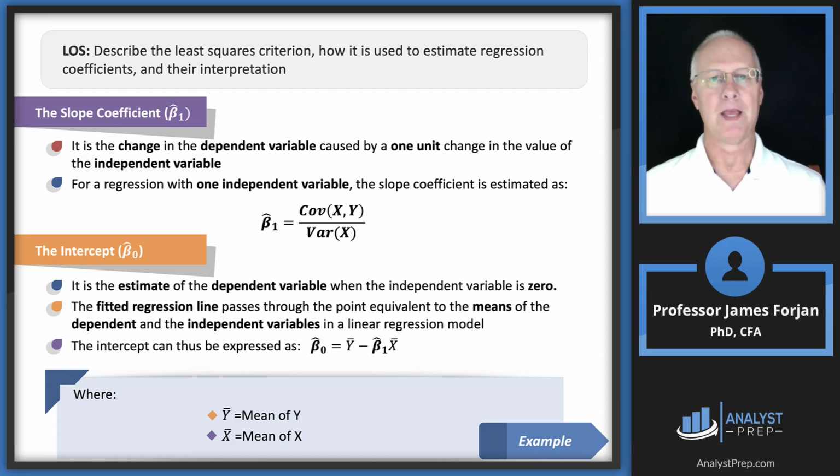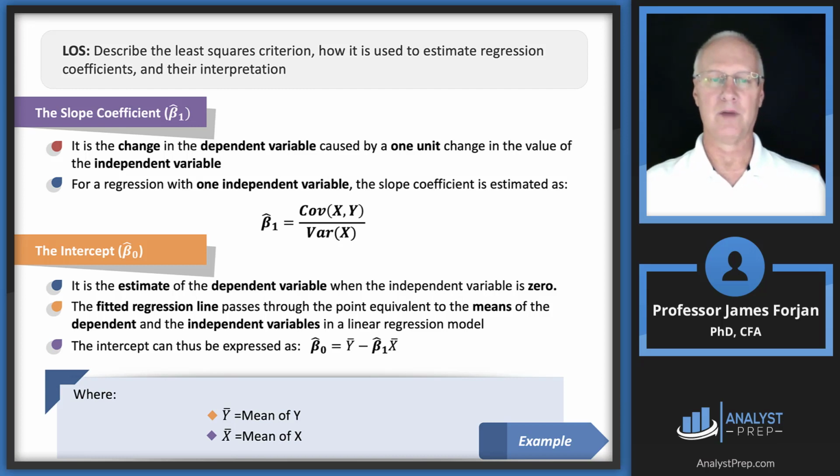All right, how about the regression coefficient? So there's the slope coefficient, beta 1 hat. Remember, that's an estimate. And we know this from our equity study days: beta is always covariance over variance. Well, it's not any different here in regression analysis.